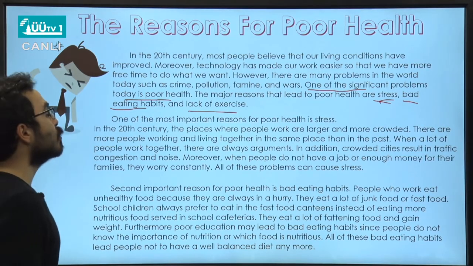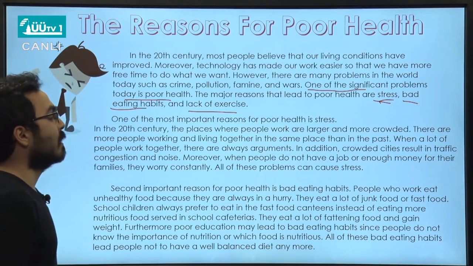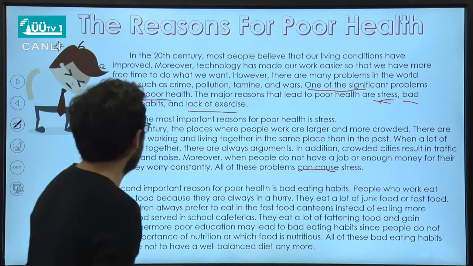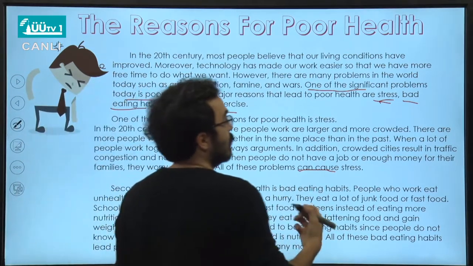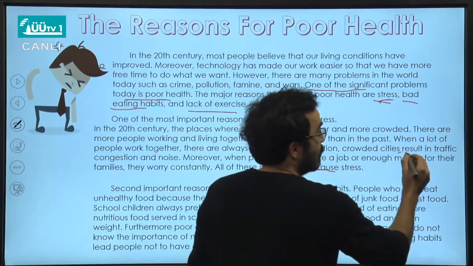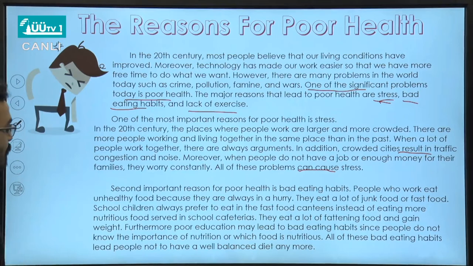Moreover, when people do not have a job or enough money for their families, they worry constantly. All of these problems can cause stress, right? Can cause stress. Again, this is a good connector for our cause essays. Again, cities result in traffic congestion, right? Result in.